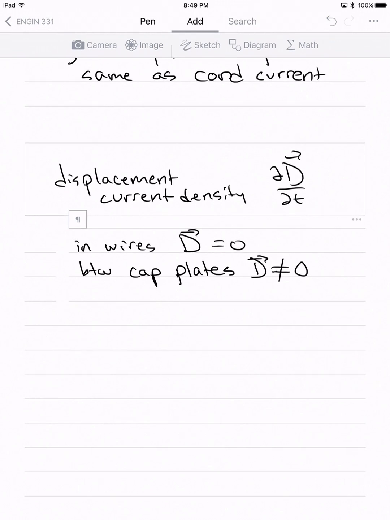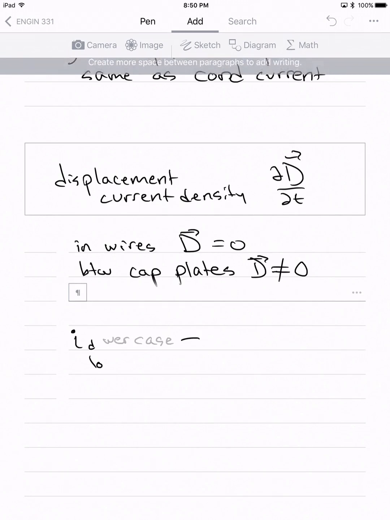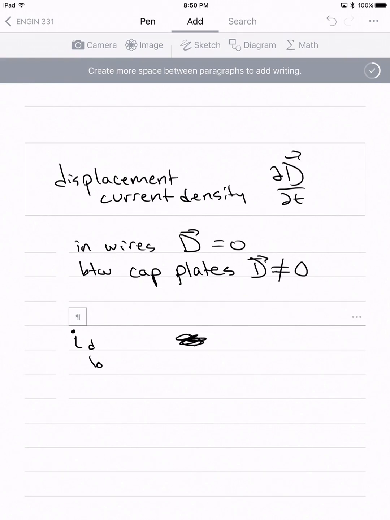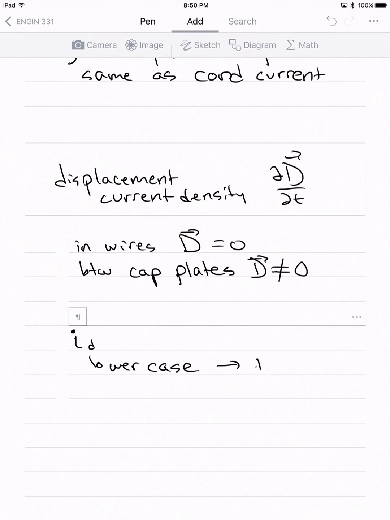We're going to find the displacement current, which I'm going to call little I sub d. We're going to kind of do this in parallel in time domain and in phasor domain. So lowercase means it's in time domain, and uppercase means it's in phasor domain.